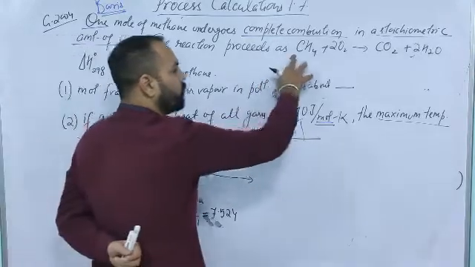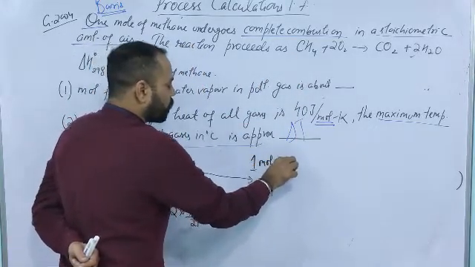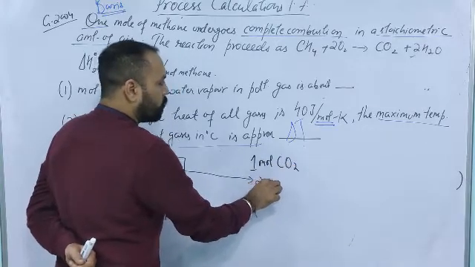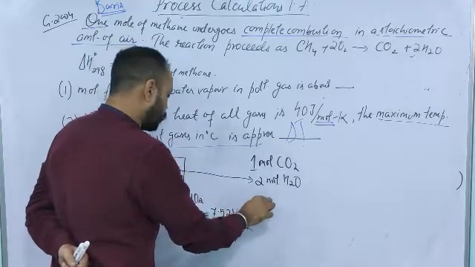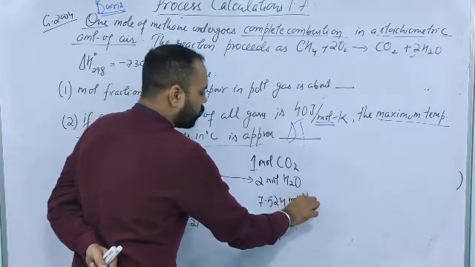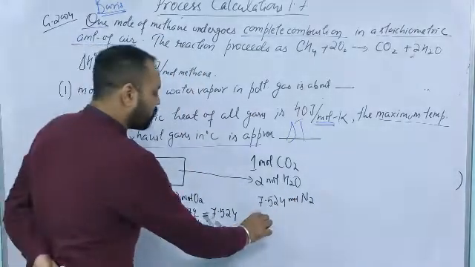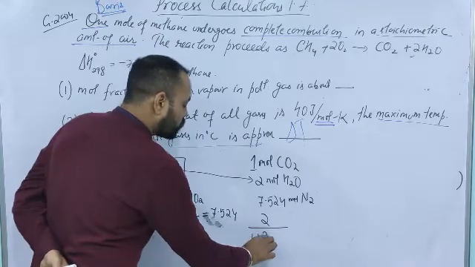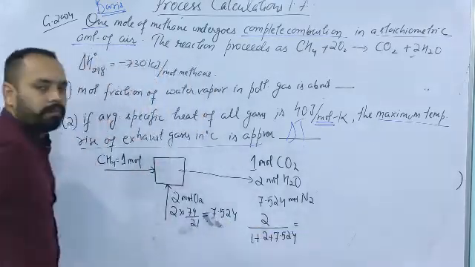For 1 mole of methane, 1 mole of carbon dioxide must be produced. 2 moles of water must be produced. And if you forget nitrogen, then there is going to be a problem. So 7.524 moles of nitrogen should be produced. Now what is asked? The mole fraction of water vapor. So they are asking 2 divided by 1 plus 2 plus 7.524. I hope you can solve this. Let's check your answers.